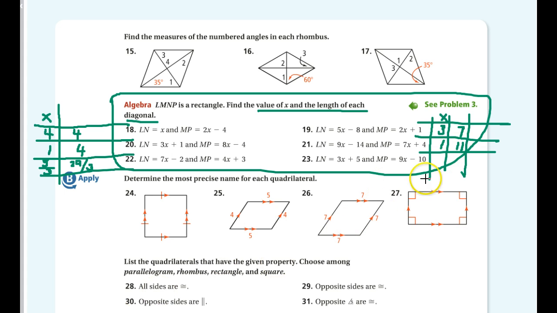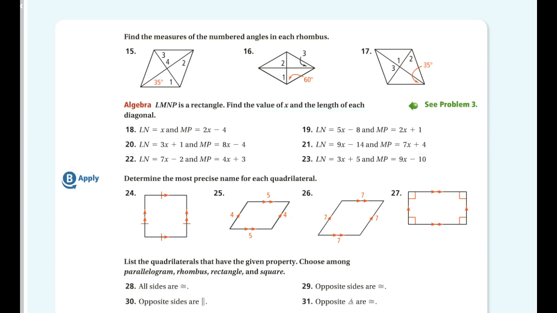Oops. Gotta back up here. Okay, for number 21, x is equal to 9. The length of the diagonal is 67. And number 23, x is 2.5, and the length of the diagonal is 12.5.